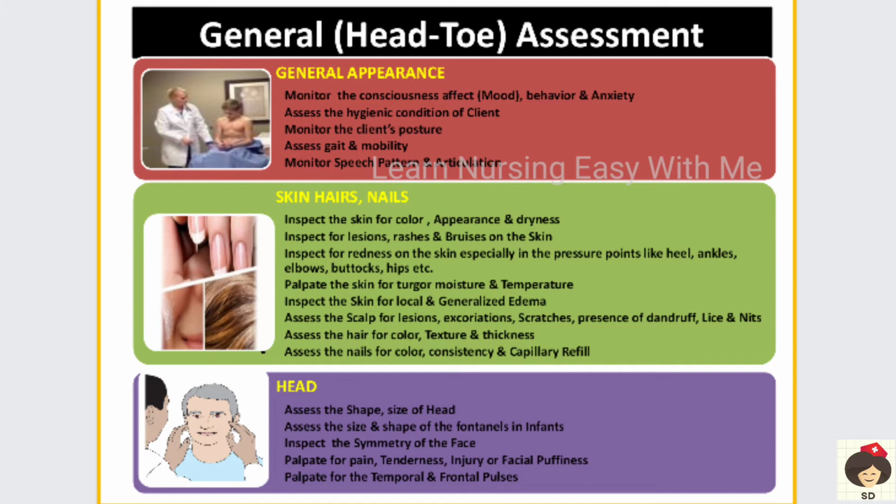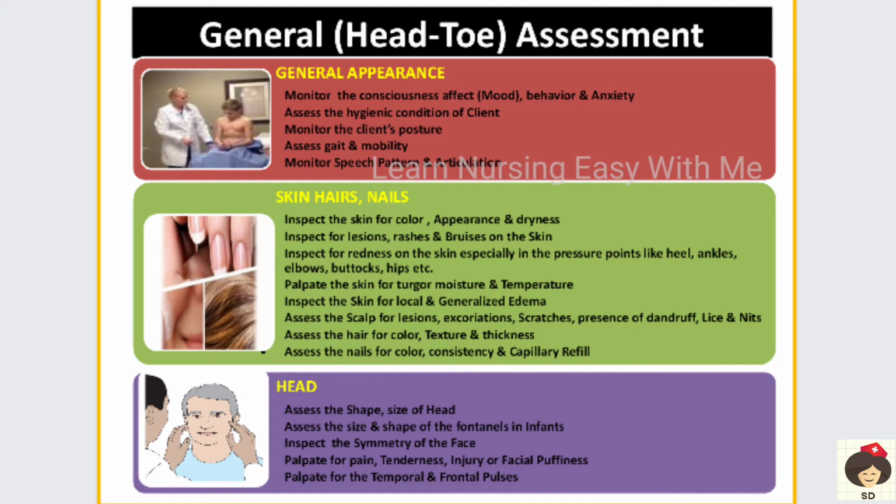Infants have two fontanelles, anterior and posterior fontanelle, so there will be a depression in this area. You have to see whether the depressions are full or more depressed. In case of hydrocephalus, the fontanelles will be bulging, and in case of malnutrition or nutritional deficiency, the fontanelles will be more depressed, okay. So that you have to identify.